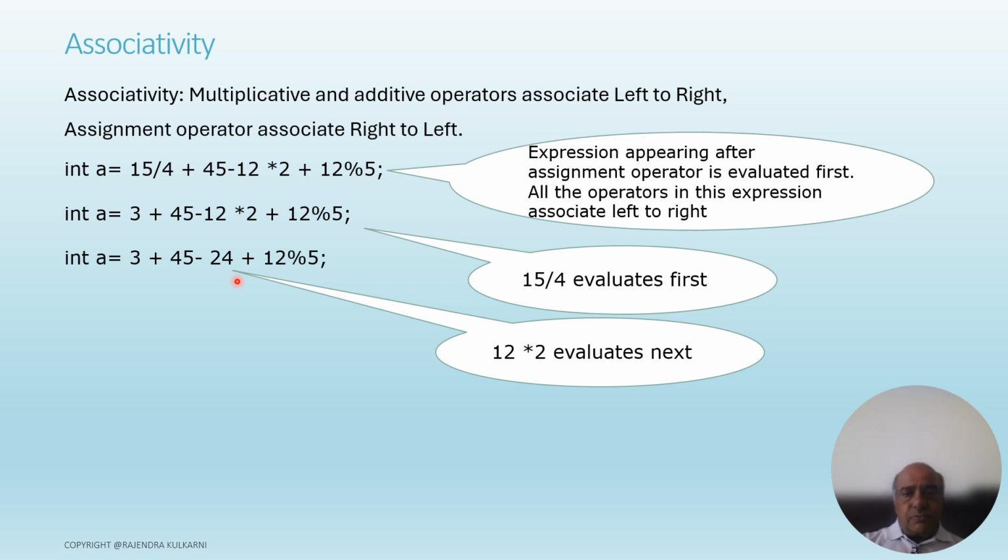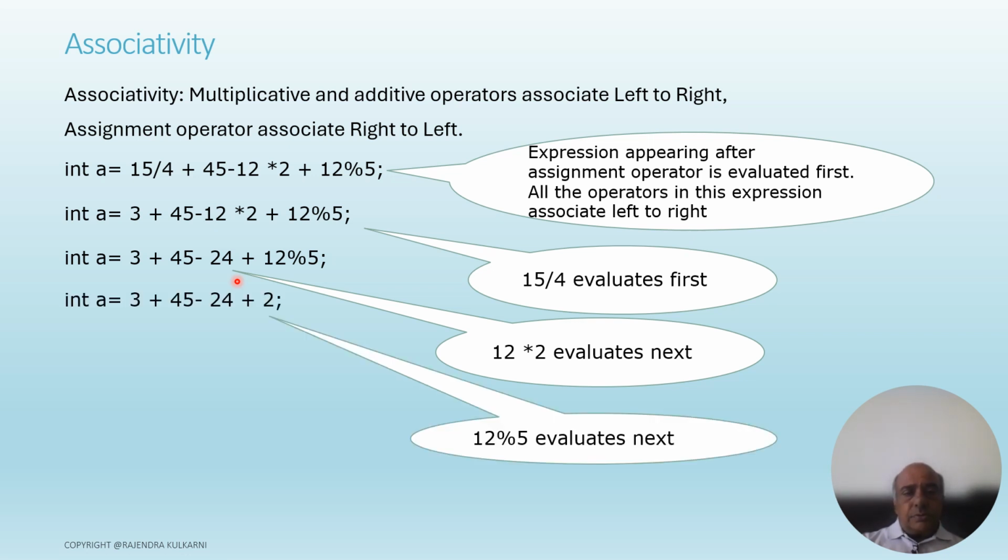First 15 by 4, then 12 into 2. Then 12 mod 5. Modular division gives the remainder as the output.